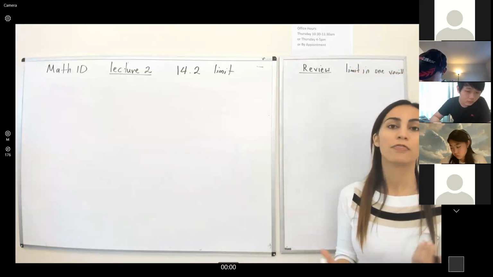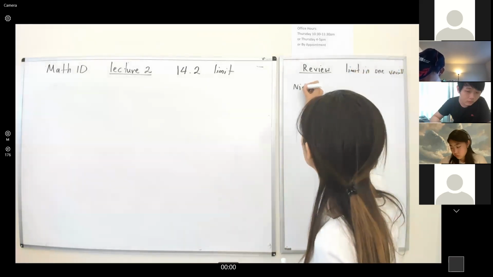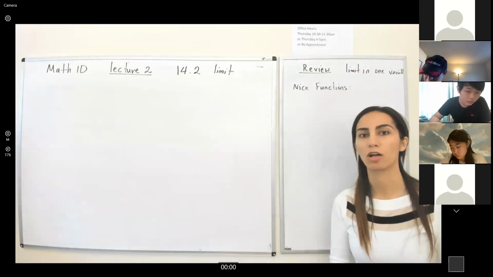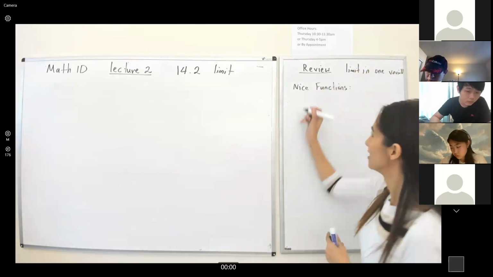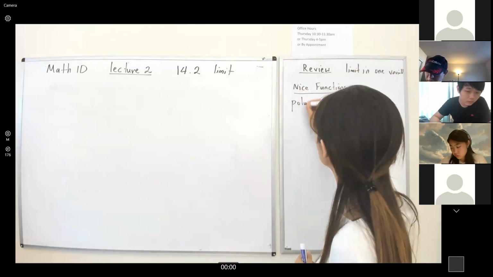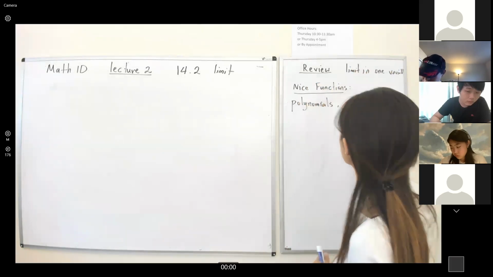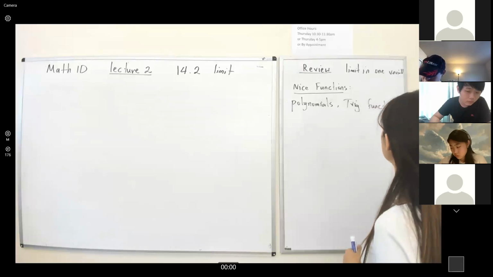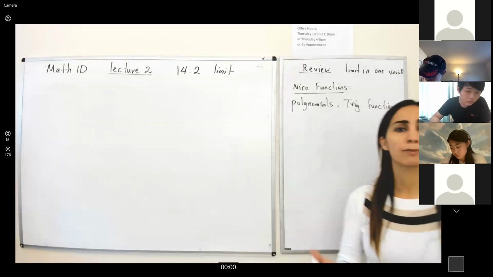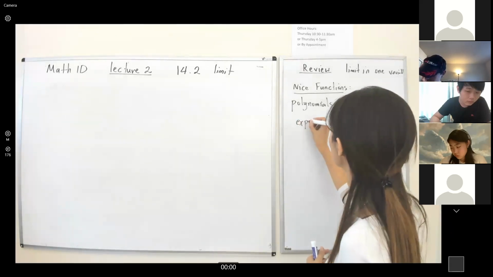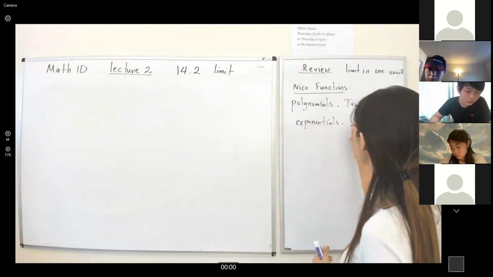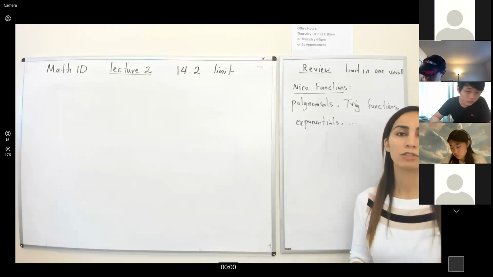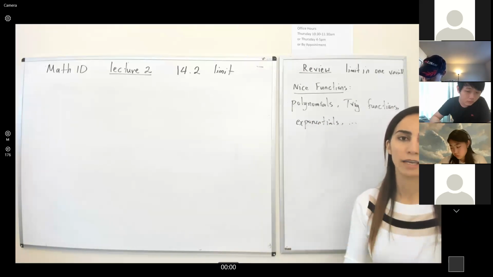So if you have nice functions, like a polynomial, like sine, cosine, exponential functions, and so on, nice functions on their domains, then the limit of the function is equal to the value of the function by plugging in the value.